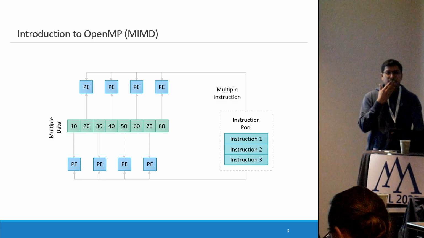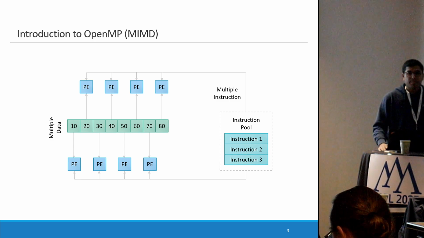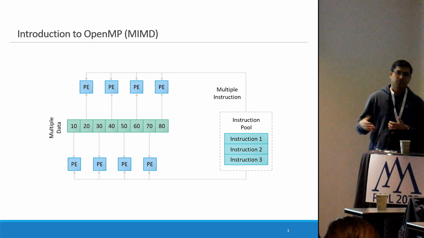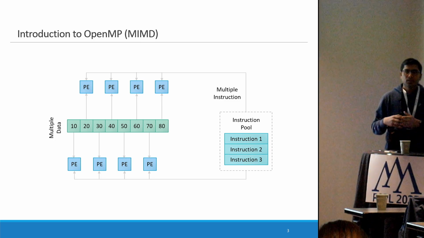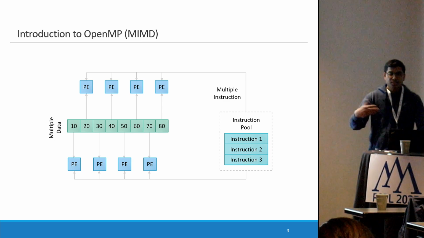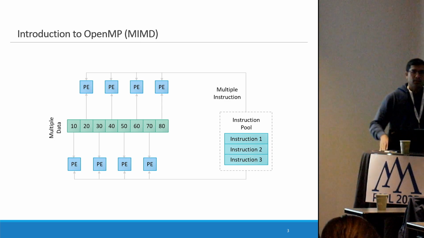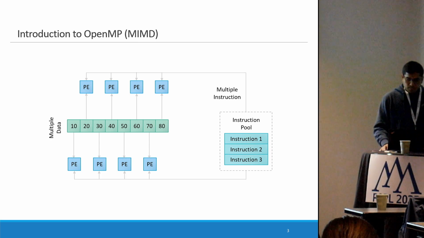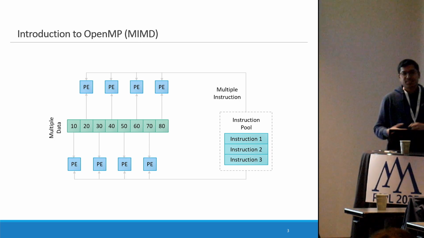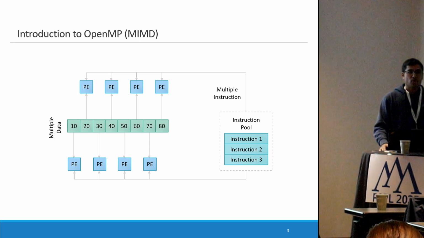OpenMP also supports the MIMD model, where different sets of instructions are assigned to different processing elements, and all the processing elements work on different data in the shared memory.